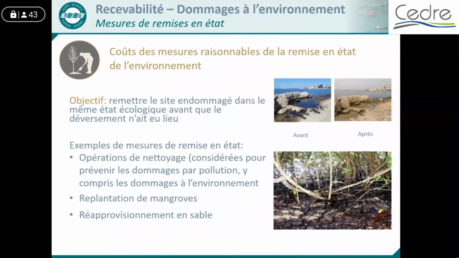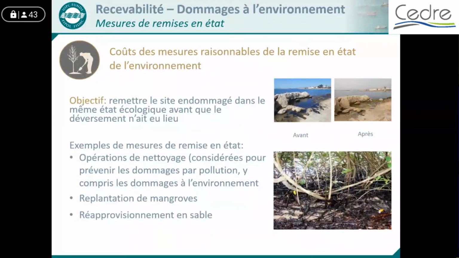So in terms of reinstatement measures, so when we have a site that's damaged, how can it be returned to its pre-spill state? Here I've given some photos of what it looked like before and after. It would have been good if we'd had a pre-spill picture as well.